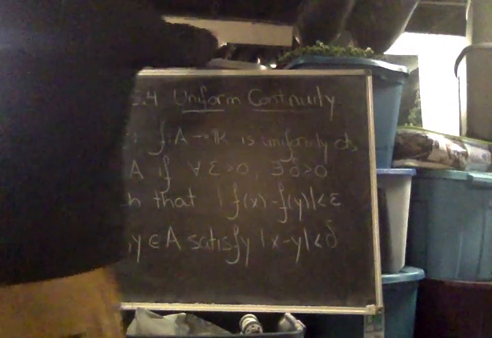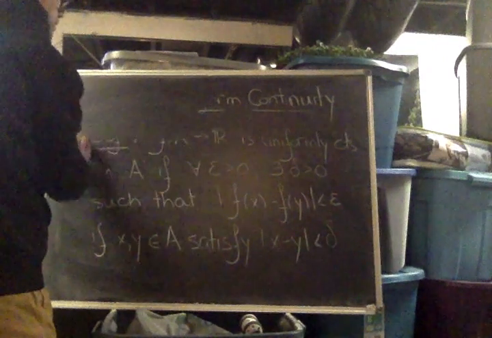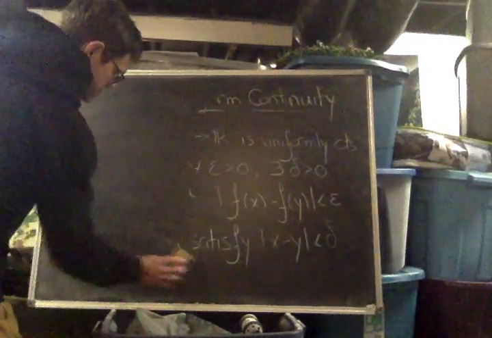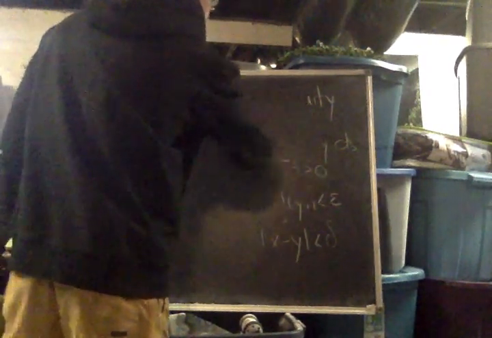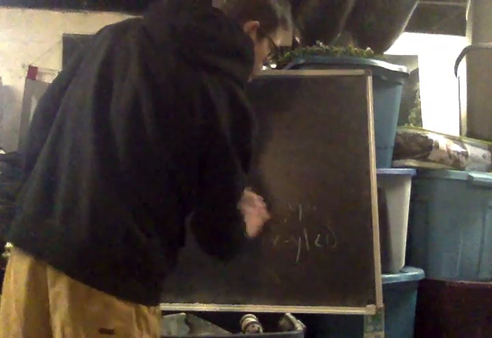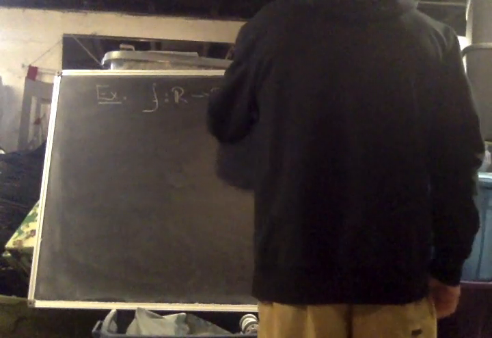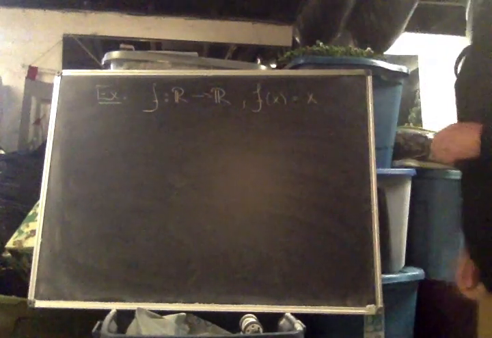All right. So let's have some examples. Let's take our first example, the one that I put on the board, which is that f is a function from the reals to the reals. It's just the identity function, f of x is equal to x.